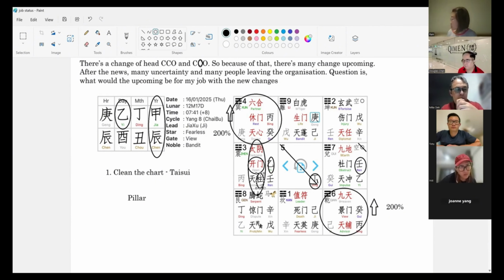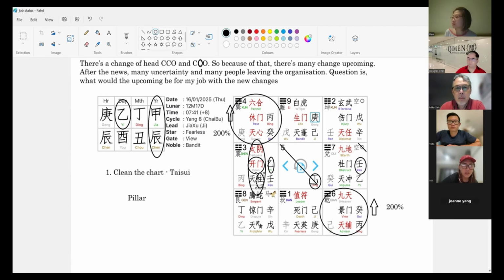What else can we see? In a job, what should we see? The boss. Where is the boss? Box 7. The head, the direct supervisor. He is reporting directly to the CCO and the COO.